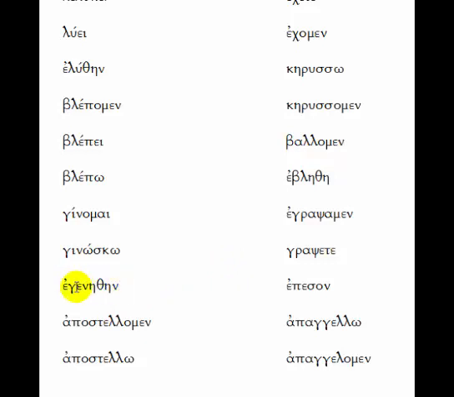So again, the accent could not go all the way back to the very beginning here. We only have the possibility of it going back up to three syllables. So it could be here, it could be here in this syllable, and it could be here. But where is it? Well, because we've ended the word in a long syllable, because it has a long vowel, the eta is always long, the accent's going to have to go here on the second eta.